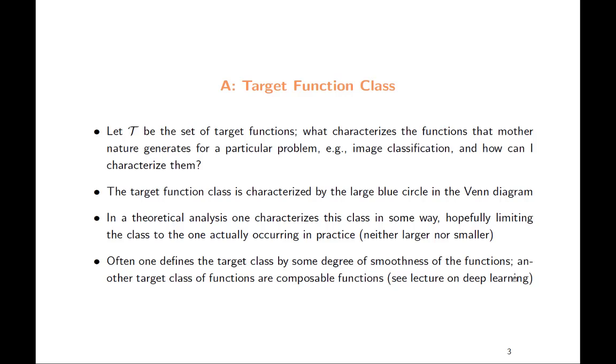How does one define this target class? Often using some degree of smoothness of the function, or another class of functions, such as compositional functions, which are important for deep learning. But we are mostly dealing with smoothness.